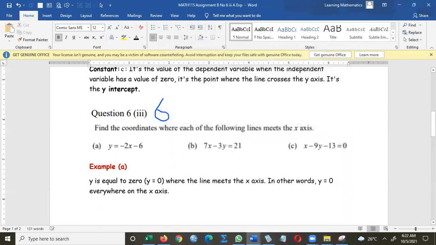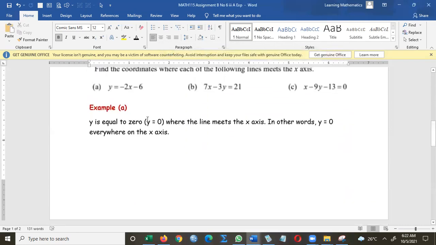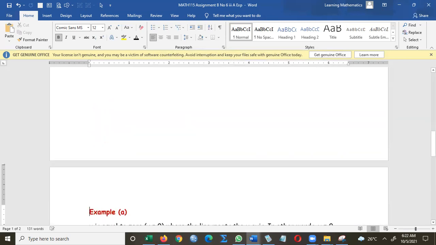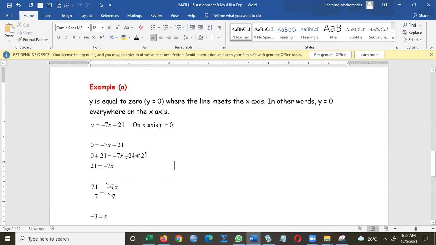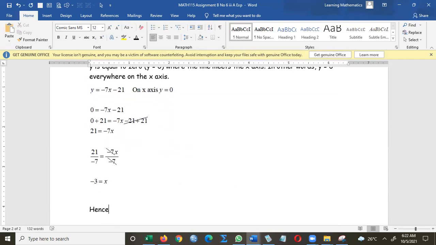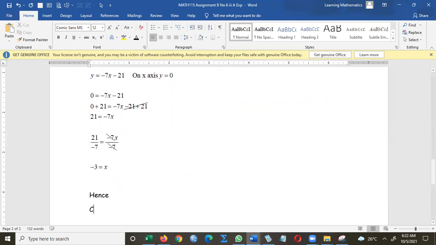So therefore the coordinates: we have the y coordinate which is 0. On the x-axis, the y coordinate is 0. Hence, the coordinates on the x-axis, and you can write it in the form of a point, x always coming first.